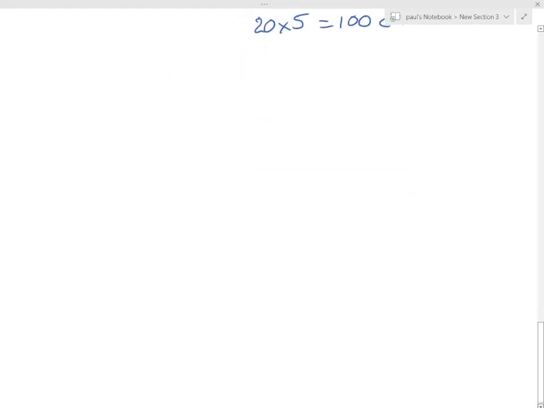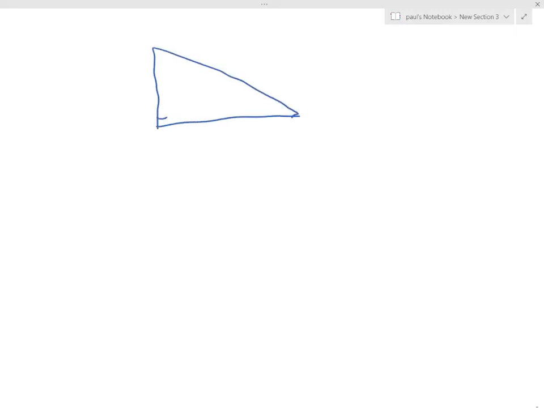And the next sort of shape is where we have to remember a formula. So we'll do a triangle, and this has an angle in there of 90 degrees, and so this one is called a right angled triangle.